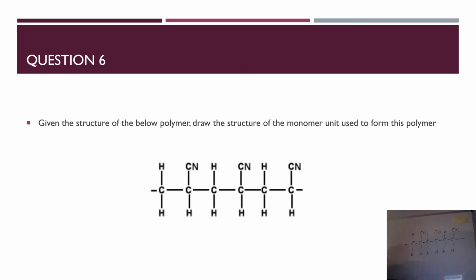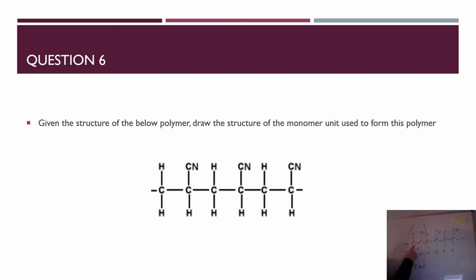Okay, final question of exercise 2. You can see here again, you're given a polymer. And what you're asked is to draw the monomer unit used to make this polymer. So it's easier for you to sit and go, right, what's my repeating unit? So remember, you count 2 in from the left, and if you make a little break like that, you know that it's the monomer, so it's got to contain the carbon-to-carbon double bond.